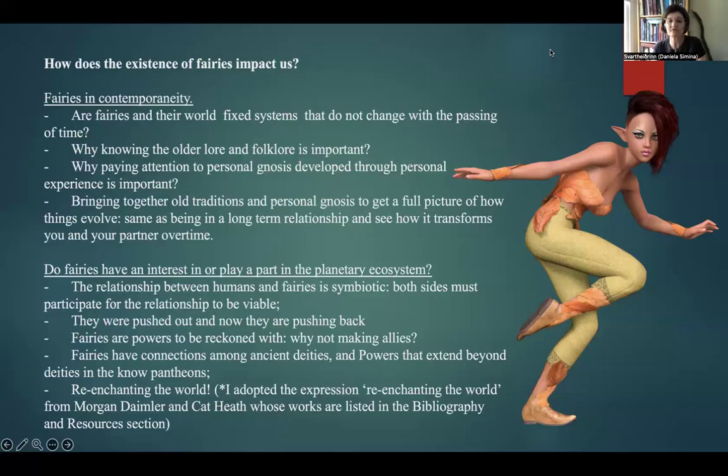There are powers that extend beyond deities in the known pantheons, powers beyond our levels of comprehension, too big to be put into concise written form to be delivered in books. More about these in part 2, Advanced Fairy Magic.